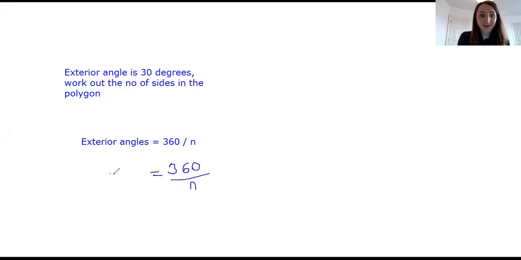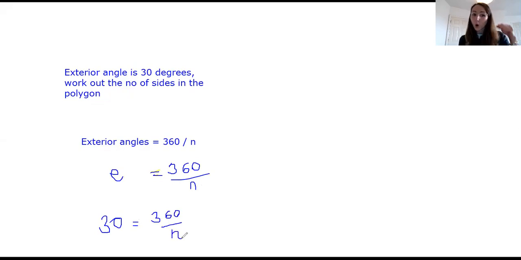And I'm going to call my exterior angle E, okay? So they've told us in the question, our exterior angle is 30 degrees. So we need to substitute that in. So it's going to be 30 degrees equals 360 divided by n.